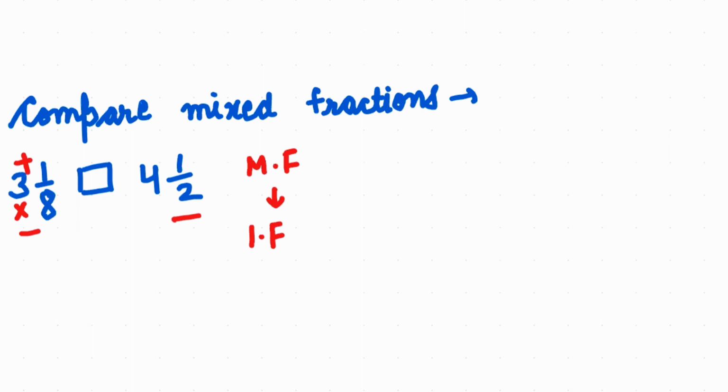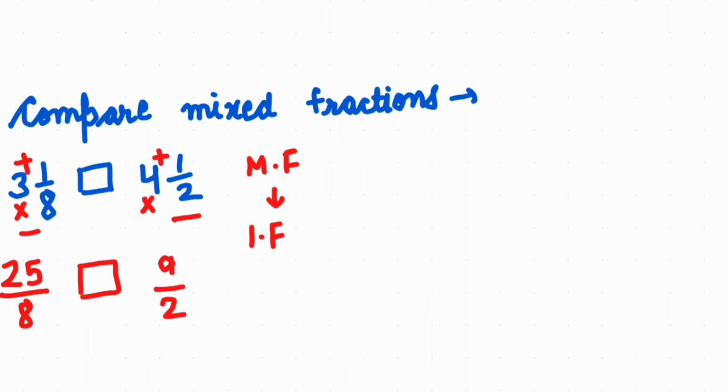The denominator will be 8. Now come here. 2 4s are 8, 8 plus 1 is 9. 9 by 2. So what was the first step? That we have to convert the mixed fraction into an improper fraction. That we have done.